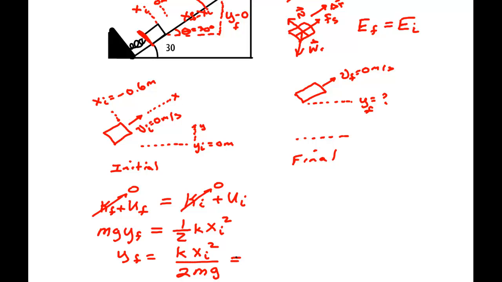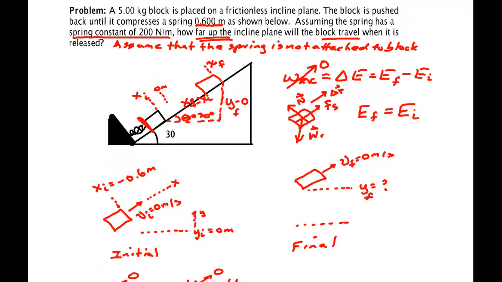Let's see, I think I have everything I need in this problem. I have to go back up and look. Let's see, I have m is 5 kilograms. I have k, 200 newtons per meter, and I have x is 0.6 meters.